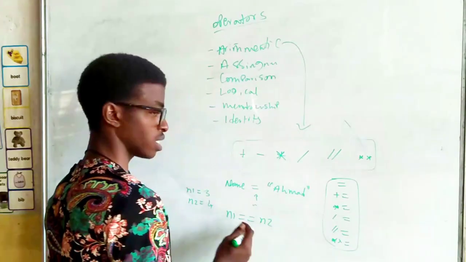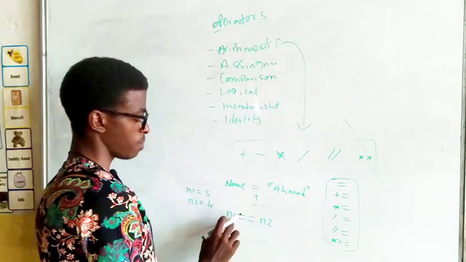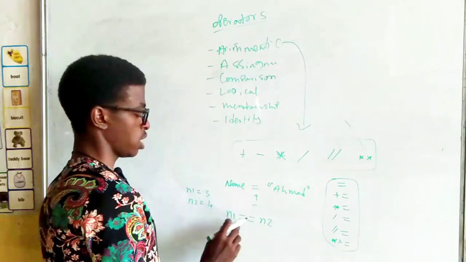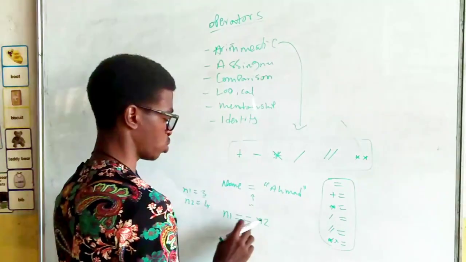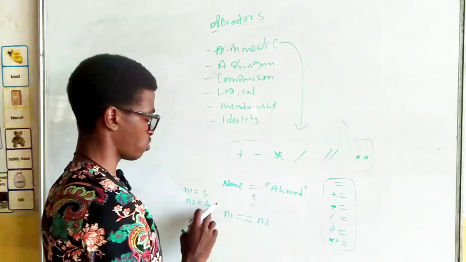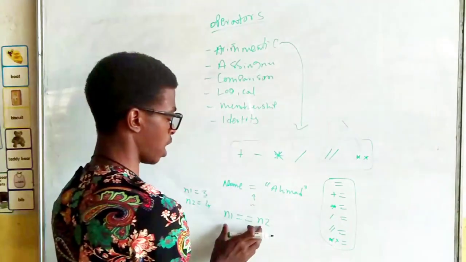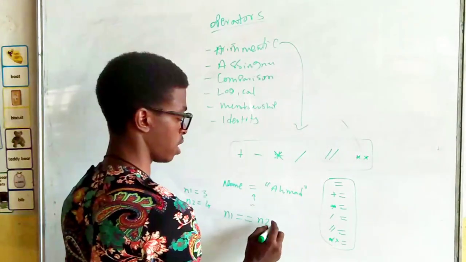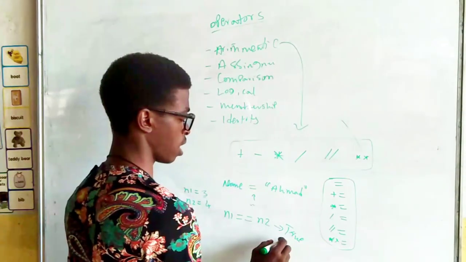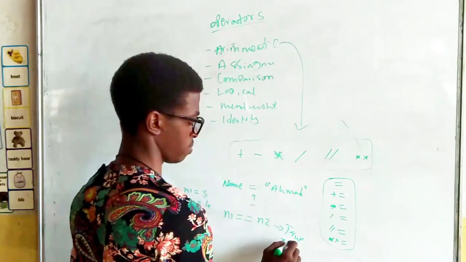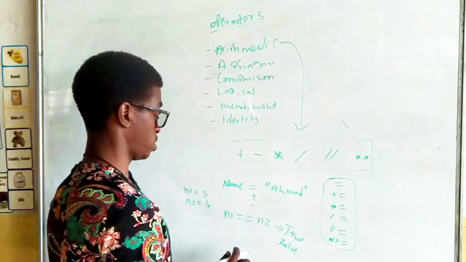I'm literally asking whether what I have inside n1, which is 3, is equal to, the same as, what I have inside n2, which is 4. If they are the same, then I'm going to see true. If they are not the same, then I'm going to see false. This is the result we're going to get.